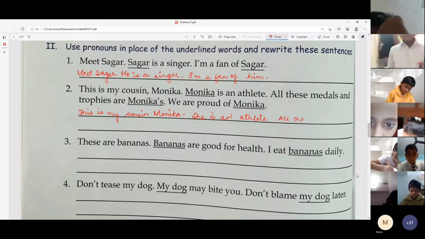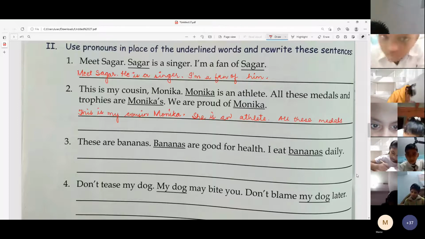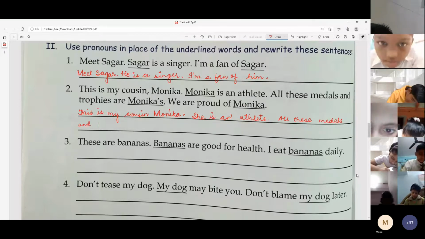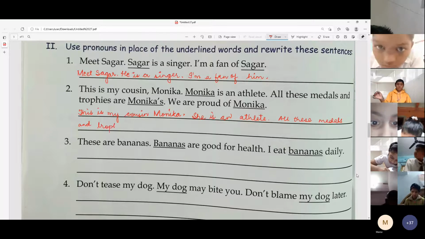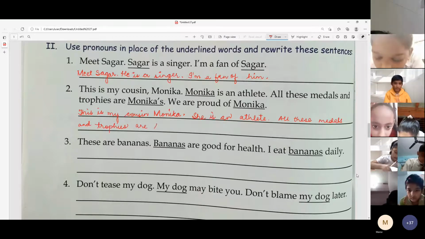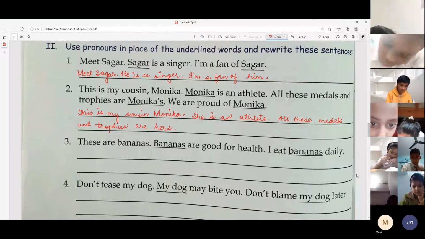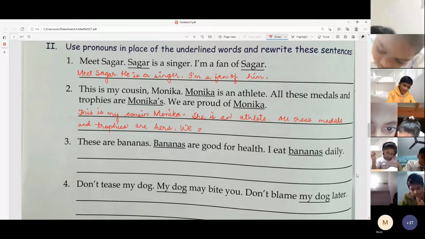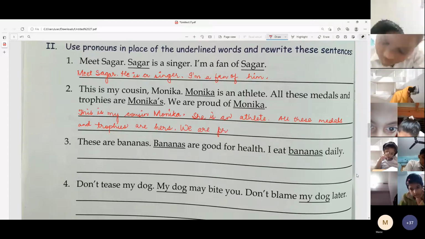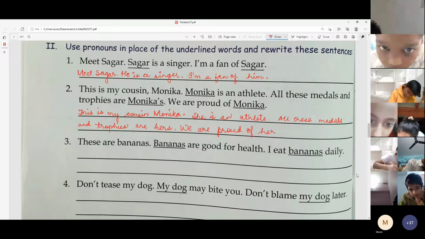All these medals and trophies are hers. Possession, possessive pronoun, hers. We are proud of her.